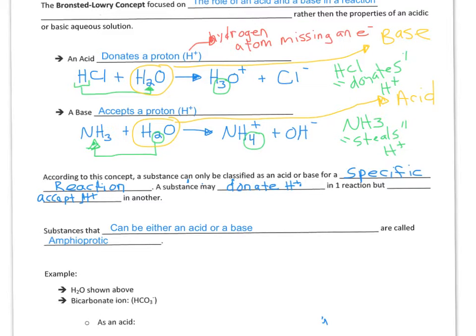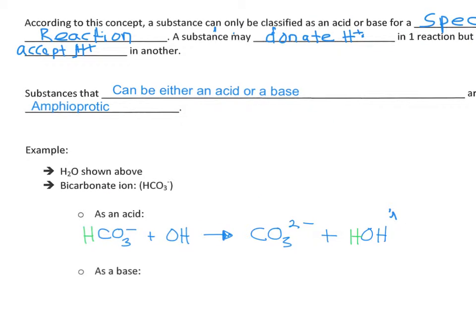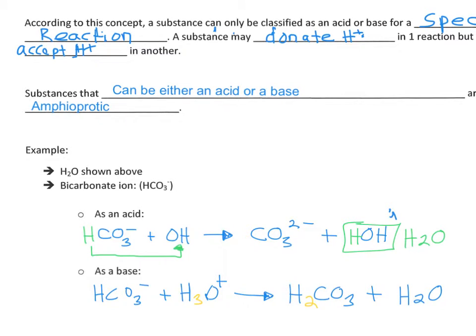Other examples of this is the bicarbonate ion. That's because the bicarbonate can behave like an acid right here, where it takes this proton and it donates it to the hydroxide group to make an HOH, which we really know is H2O. Or it can behave like a base, where it takes this proton from a hydronium ion and creates H2CO3.